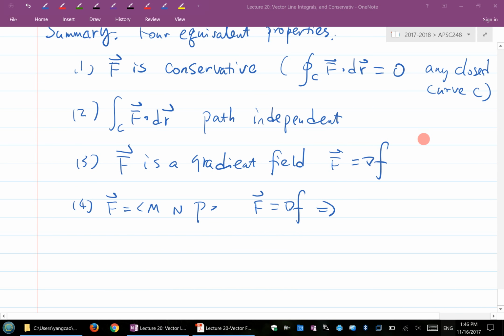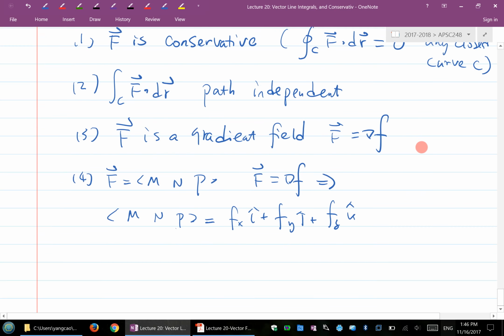So a little bit of derivation here. M, N, P equal to Fx i hat, Fy j hat, Fz k hat. That will yield this relationship, because you're taking the gradient of this vector field.